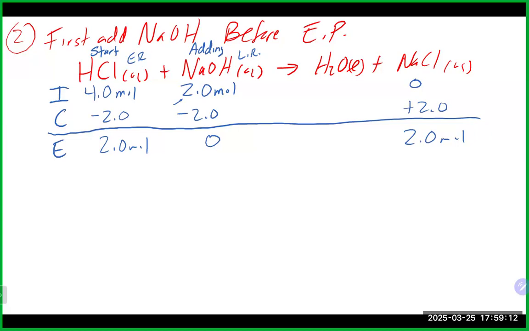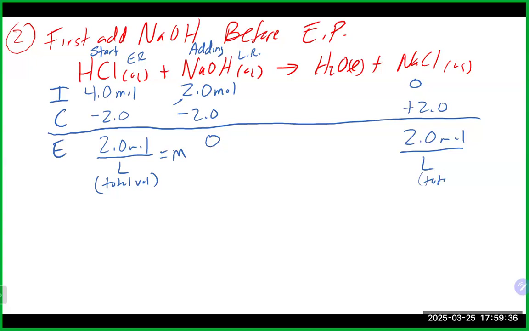Once you do the ice table in moles, trust me when I tell you, it's a really good idea to convert it back to molarity. So I would probably at this point divide this by the total volume, and obviously that would be how much sodium hydroxide you added and HCl you started with, to convert these back into molarity.